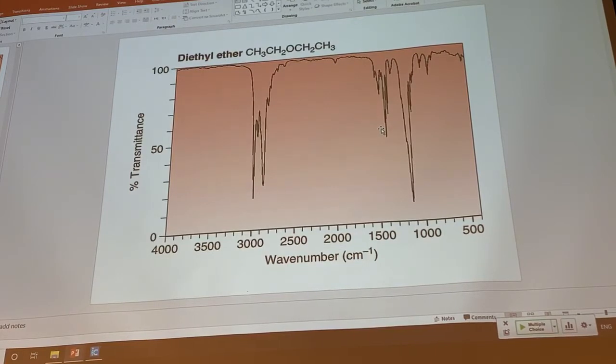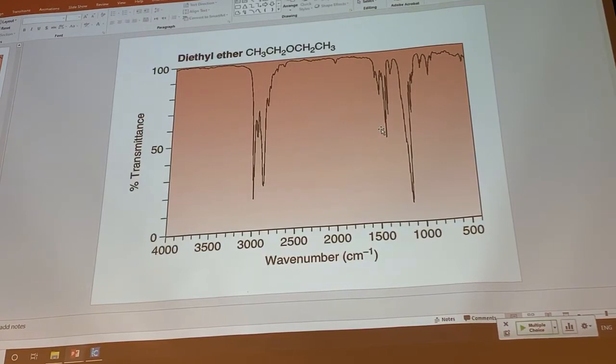We see no OH, so what oxygen-based functional group has no carbon-oxygen double bond and no OH? There's only one, it's the ether. So you would know by ruling out certain functional groups due to the absence of peaks that you had an ether in this case. So sometimes the absence of peaks will tell you things about NMR spectroscopy as well.